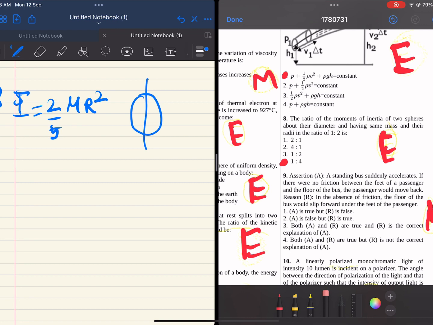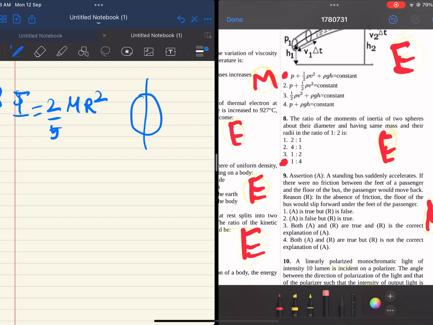Because he is going backward and the bus is going forward, there is a slipping in the forward direction between the floor and the passenger's feet. So statement 2 is also absolutely right. Because the person's feet move backward, that's why the slipping occurs in the forward direction.